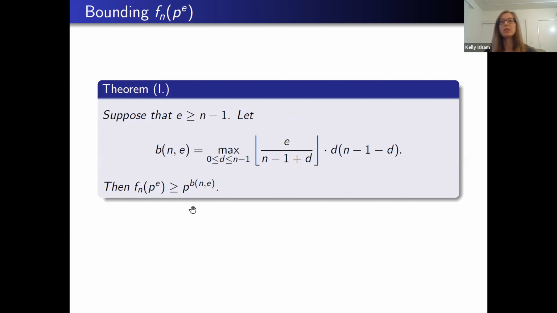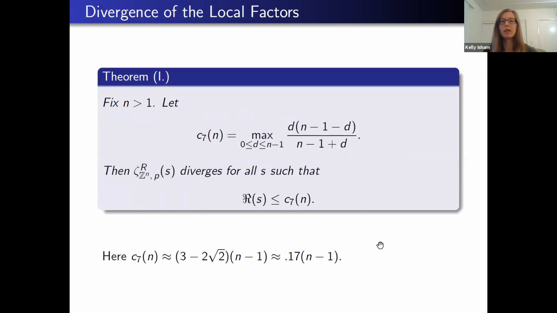And so now, plugging this into the simpler series I was talking about before gives us the following result. If we maximize this function over all integers between 0 and n minus 1, the local factors diverge when the real part of s is less than or equal to this function.